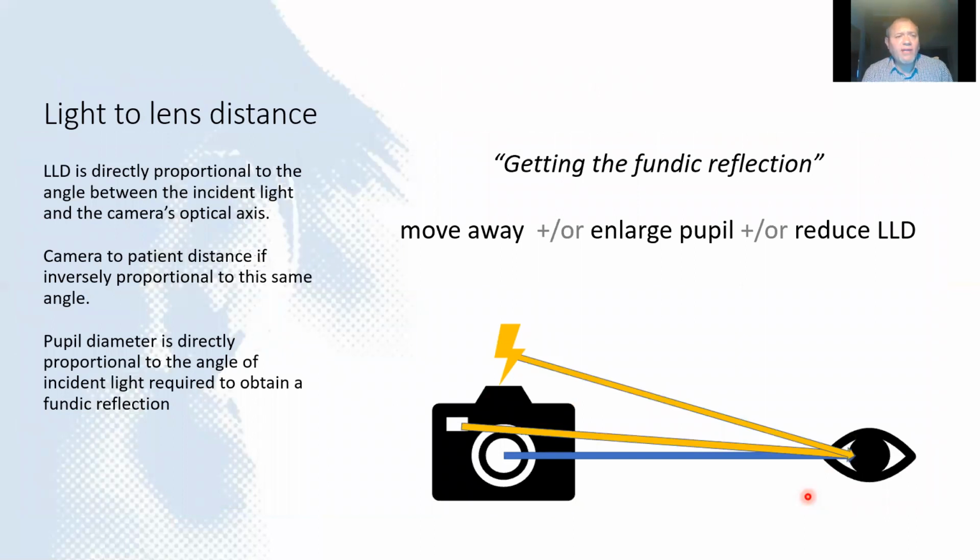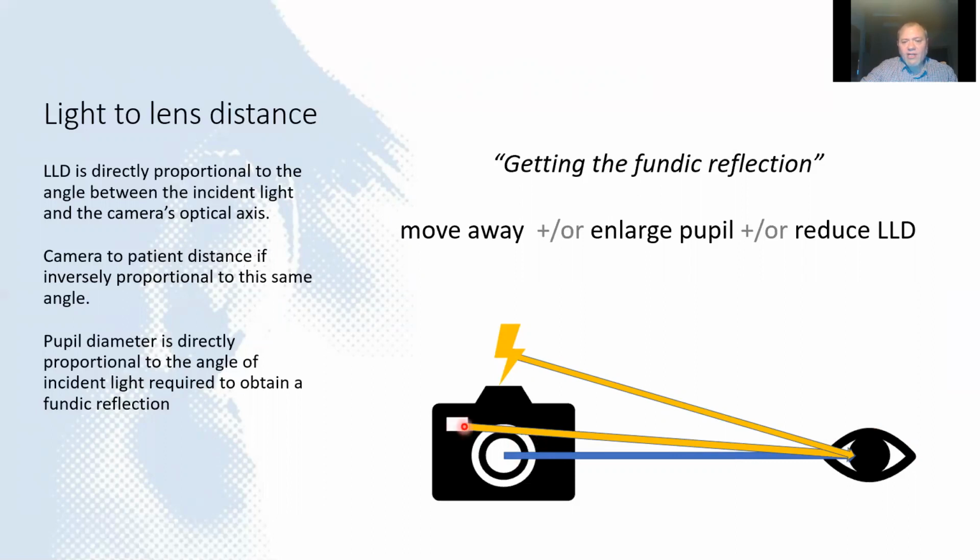Key to getting the fundic reflection is having the correct light to lens distance. Light to lens distance is a simple concept. If you think of this camera on the bottom here, we have a flash, either a pop-up flash or a flash beside it, for example, and then we have the lens here, which actually views the image. Now, this is the eye we're taking a photograph of.